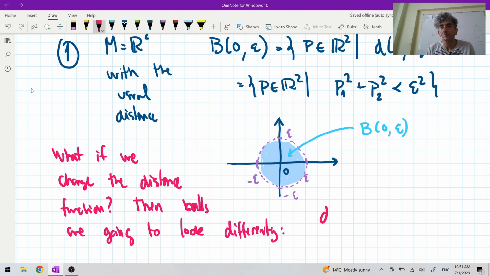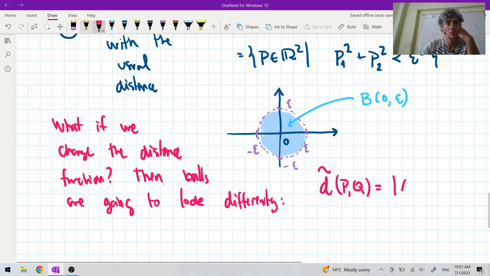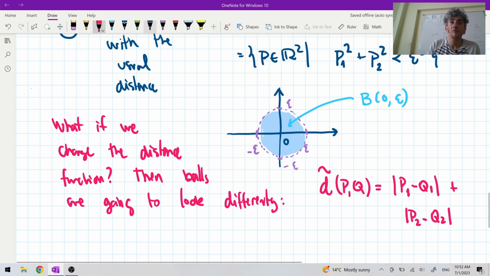Say that we change the distance, and now we propose, say, what can we do? Okay, maybe we can put it like this. Okay, let's try |P1 minus Q1| plus |P2 minus Q2|. Okay, so now balls are going to be decided by this new distance function.